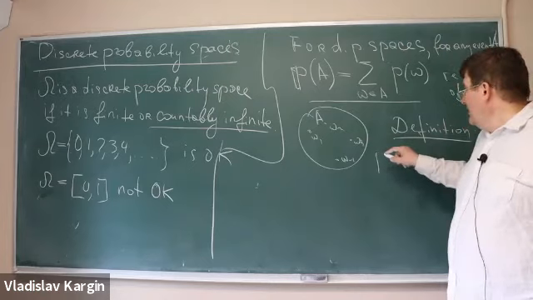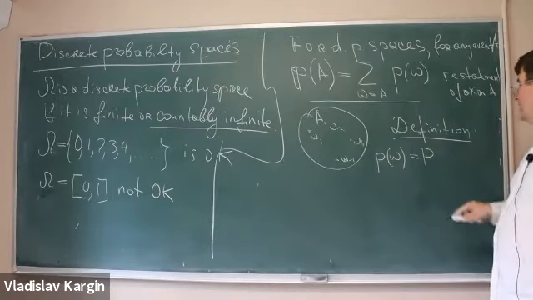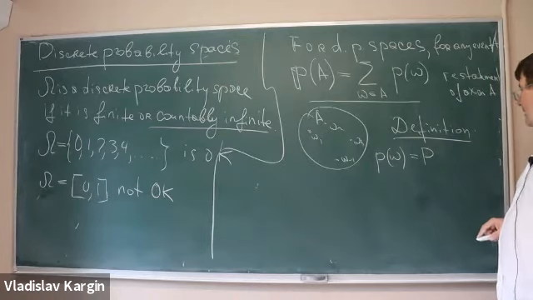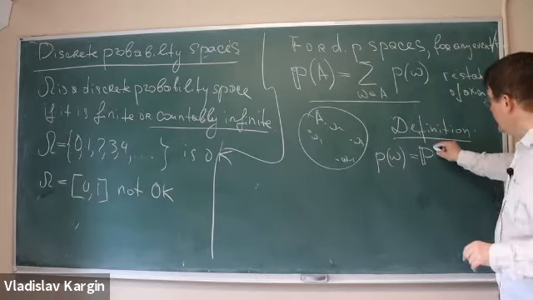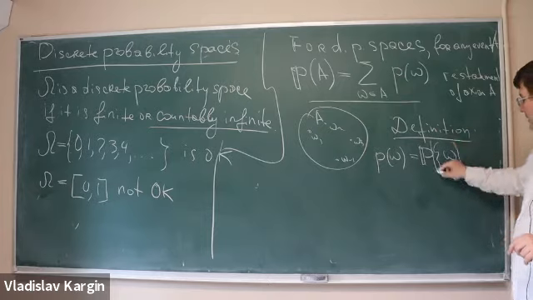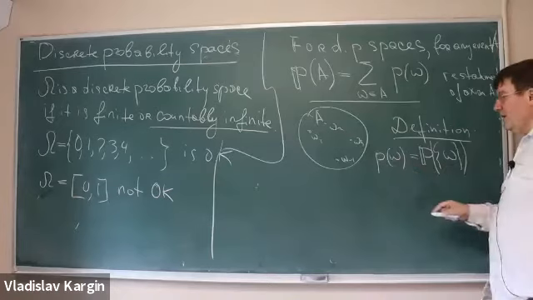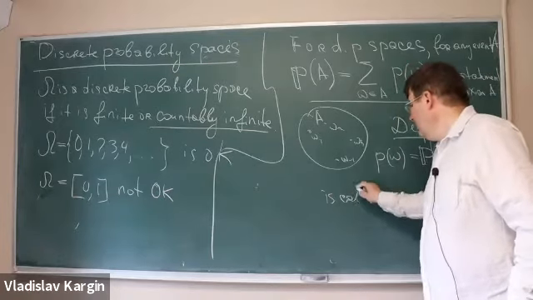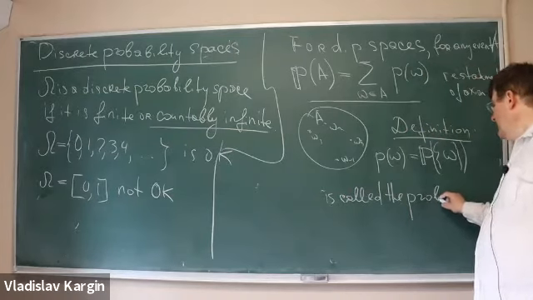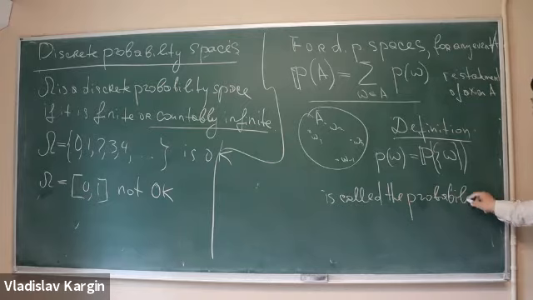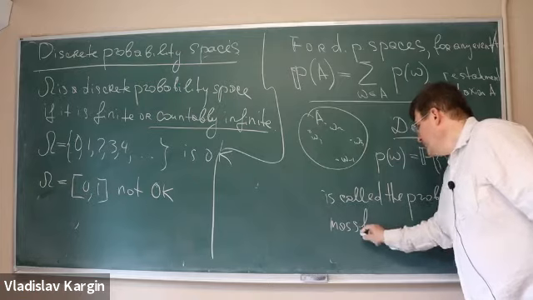P of omega is equal to the probability of the set omega, where omega is an elementary outcome. This is called the probability mass function.